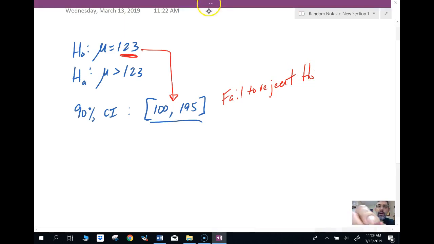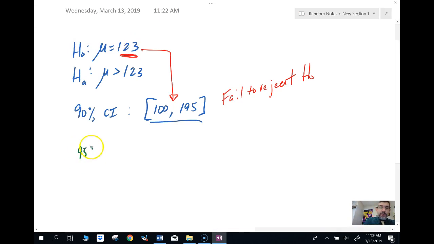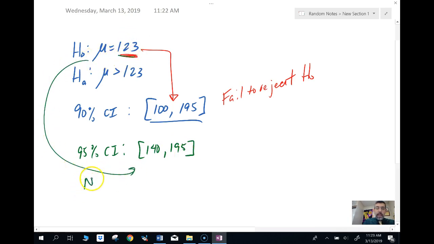Okay? Now, what if my 95% confidence interval came out to be 140 to 195? Well, the null is not in there. In fact, all of the numbers are above 123.